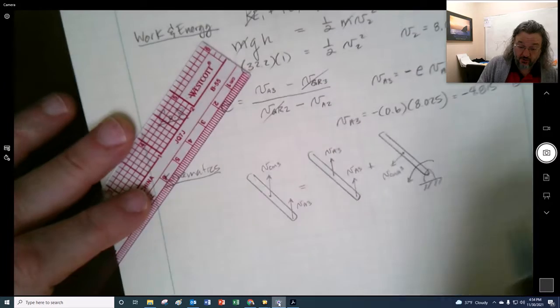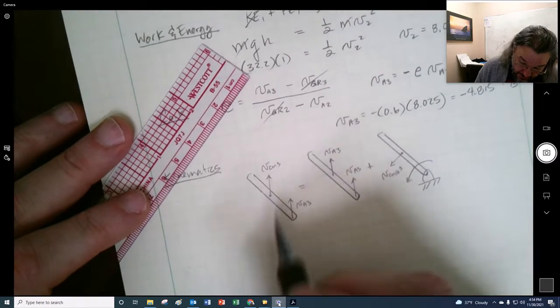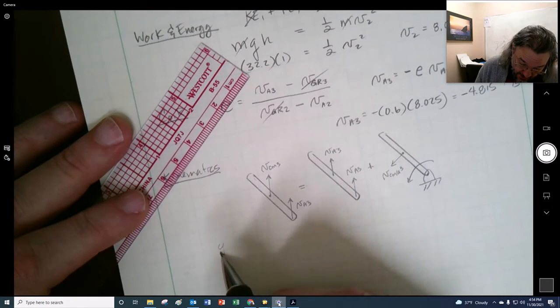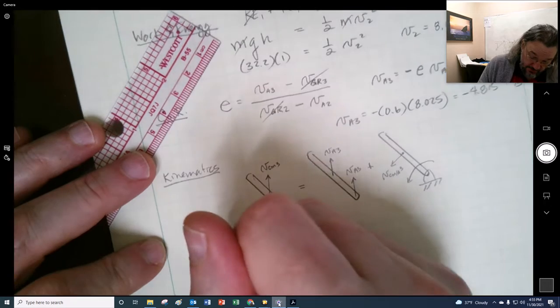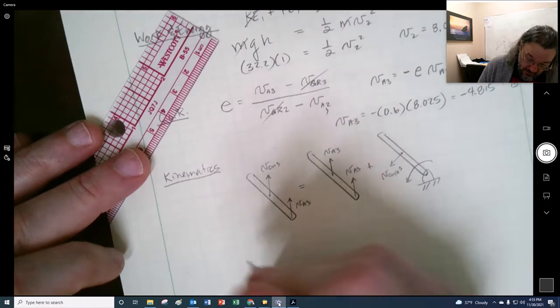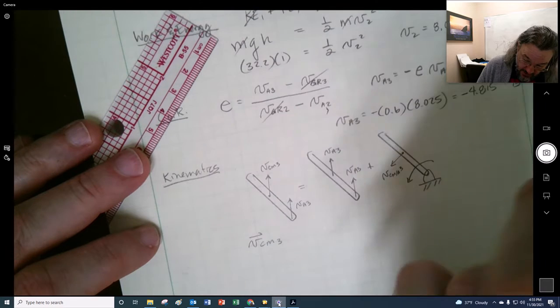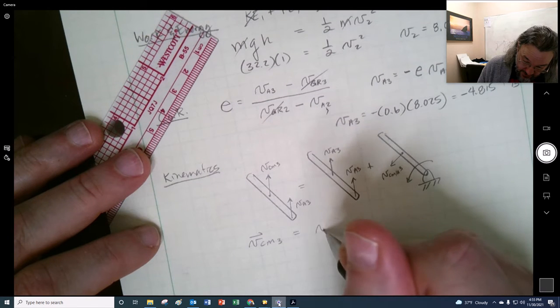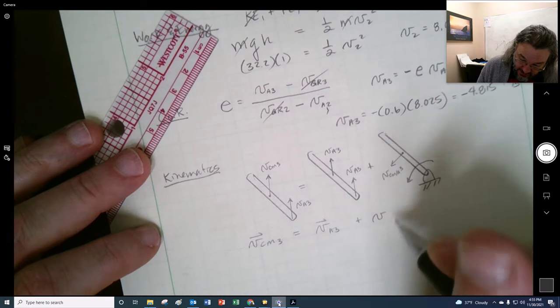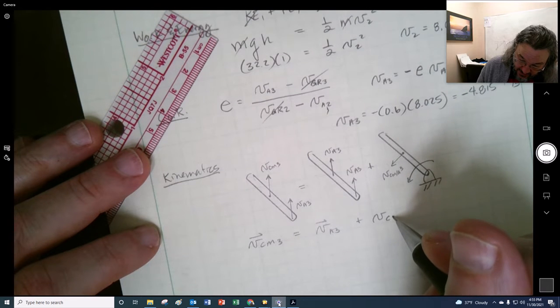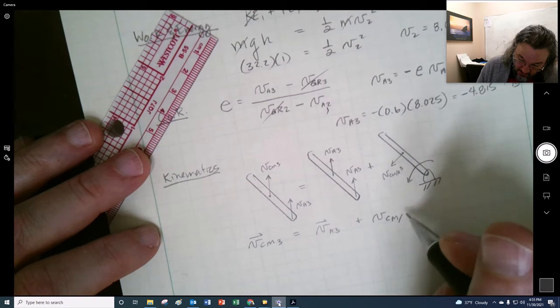And so in the y direction, or I should write out the equation, the velocity of the center of mass, 3, is going to be equal to the velocity of A3 plus the velocity of CM with respect to A3.